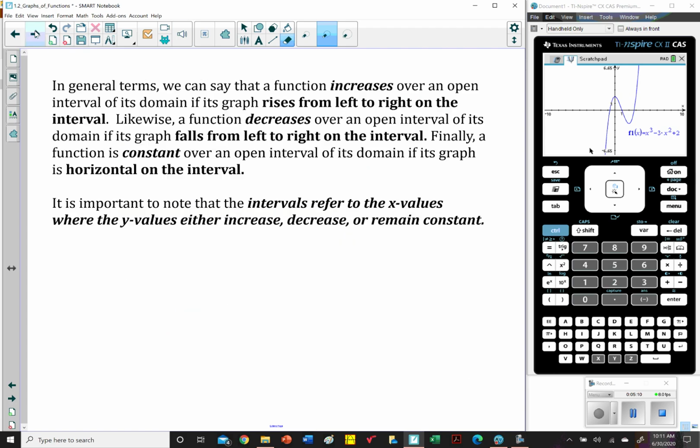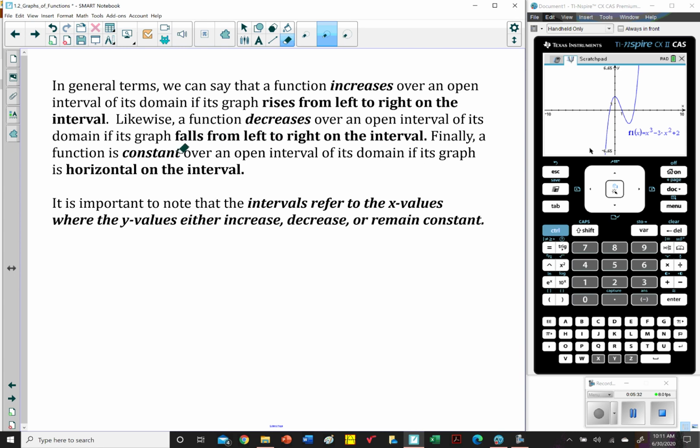Okay, let's see what comes next. Next, we're going to talk about increasing and decreasing functions. A function increases in general if you look at the domain and the graph rises from left to right on that interval. And the graph decreases if the graph falls from left to right.